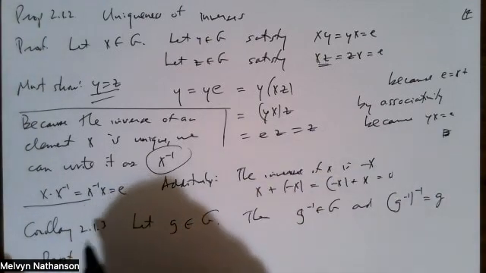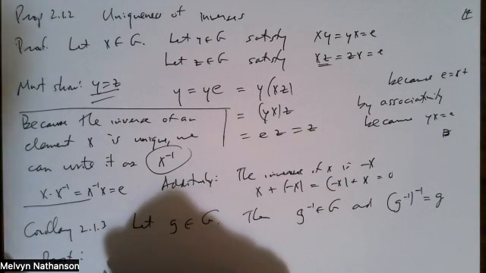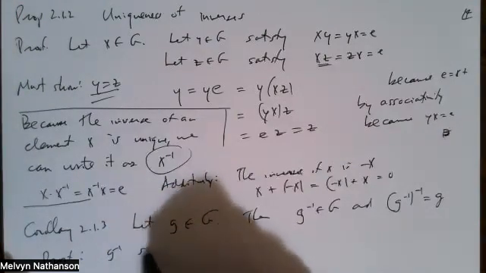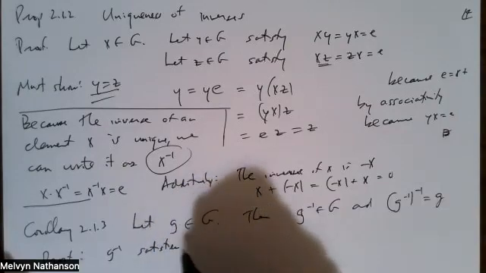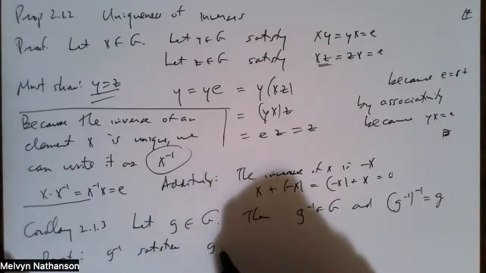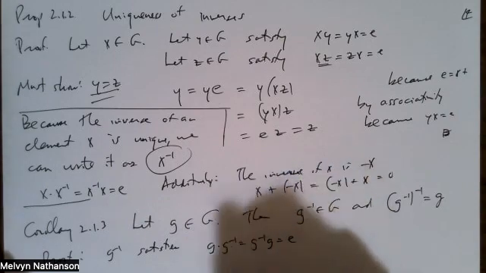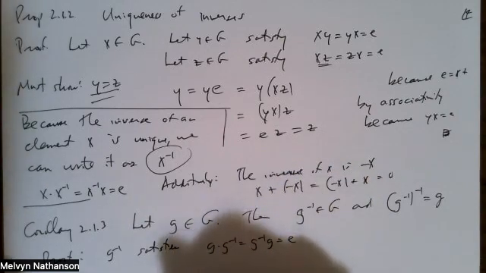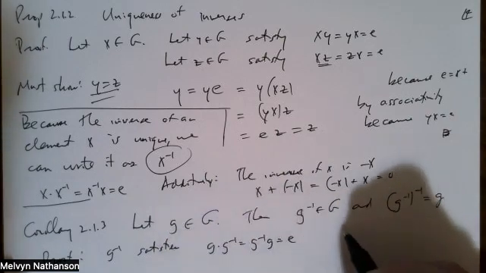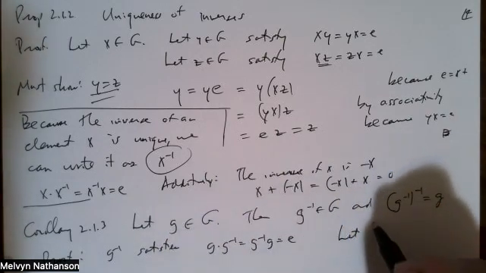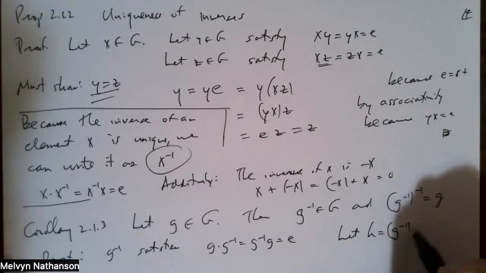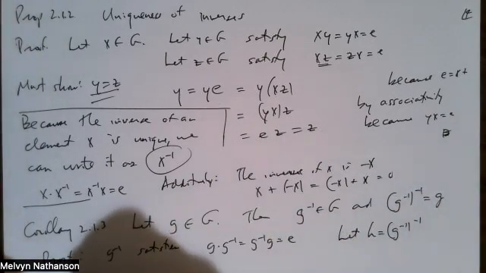And the proof is as follows. G inverse satisfies G times G inverse and G inverse G equals the identity. Suppose I let H be the inverse of G inverse.